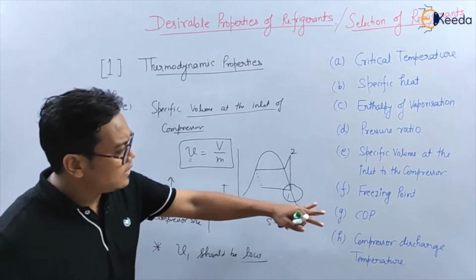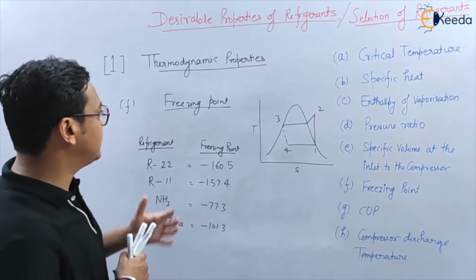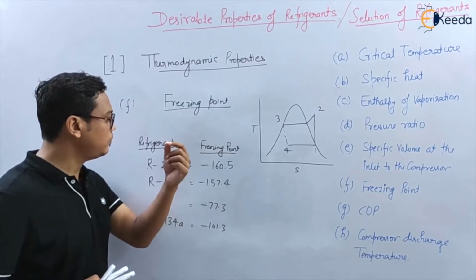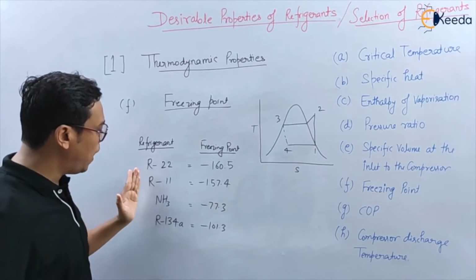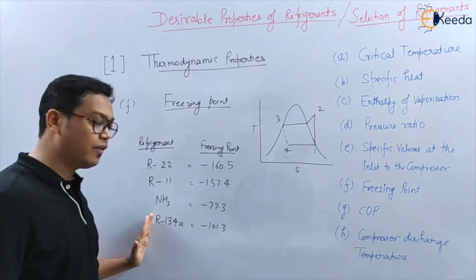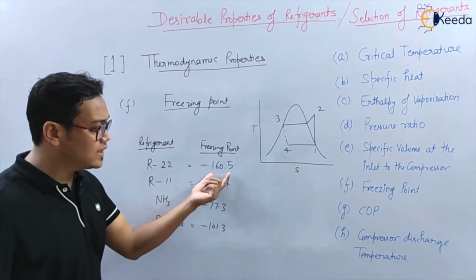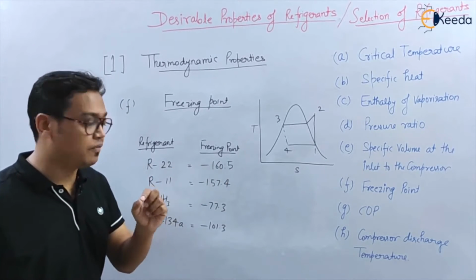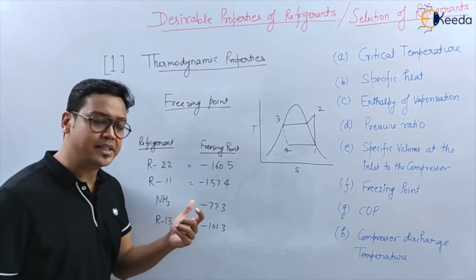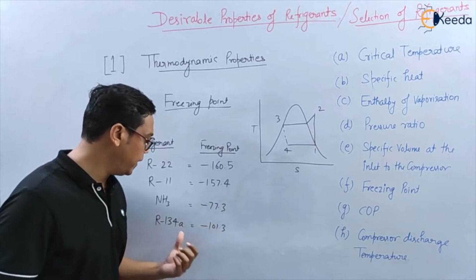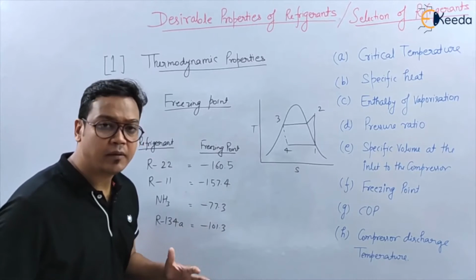Now let's see the next property, freezing point. Here are some examples of refrigerants like R22, R11, NH3, R134a. The freezing point of R22 is minus 160.5, R11 minus 157.4, NH3, that means ammonia, minus 77.3, R134a minus 101.3.